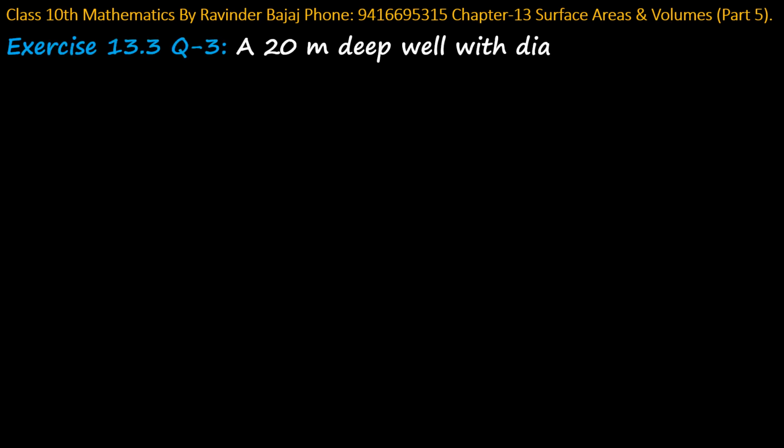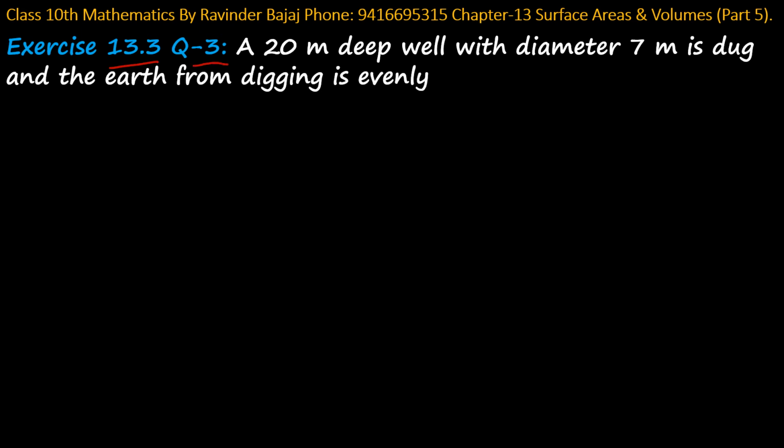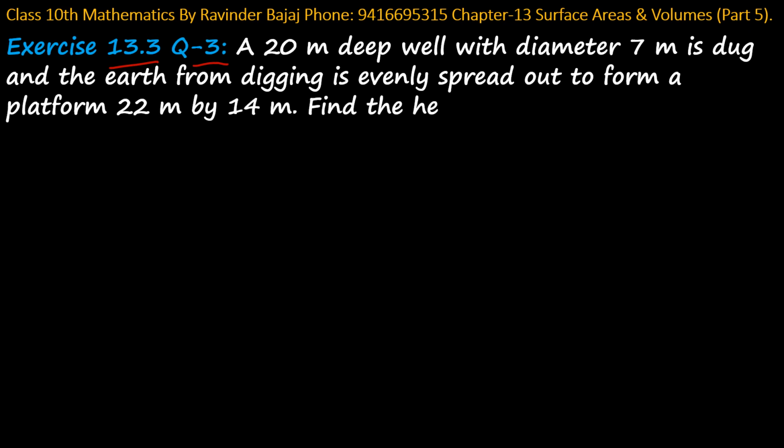This is again exercise 13.3, question number 3. A 20-meter deep well with diameter 7 meter is dug and the earth from the digging is evenly spread out to form a platform, 22 meter by 14 meter. Find the height of the platform.